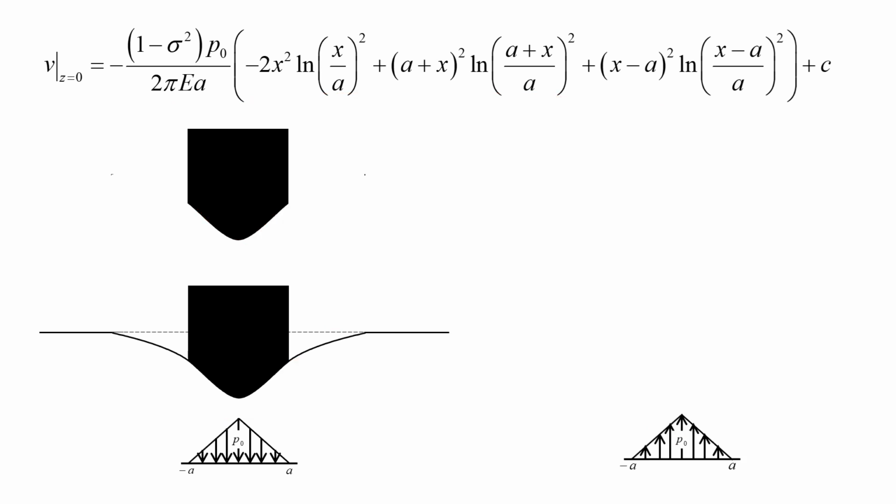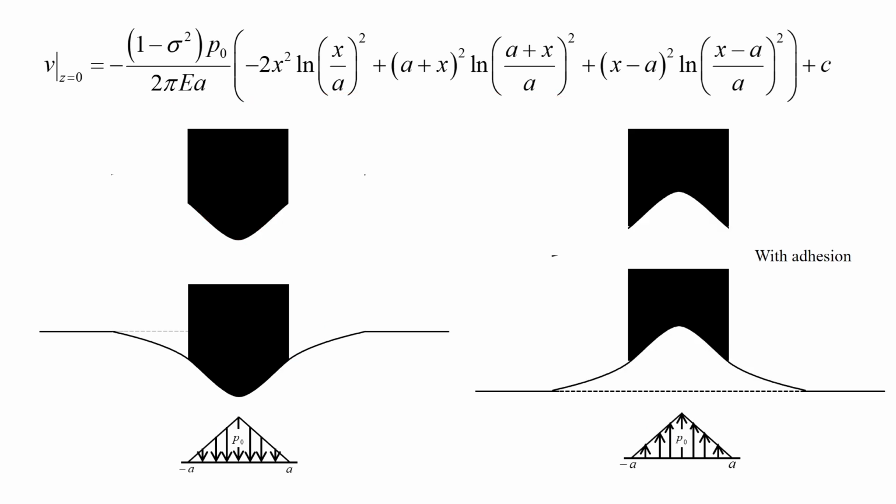So, it will be something like this. With adhesion, this elastic half space is supposed to deform something like this, and that can happen for a rigid indenter which has the shape of this particular form.